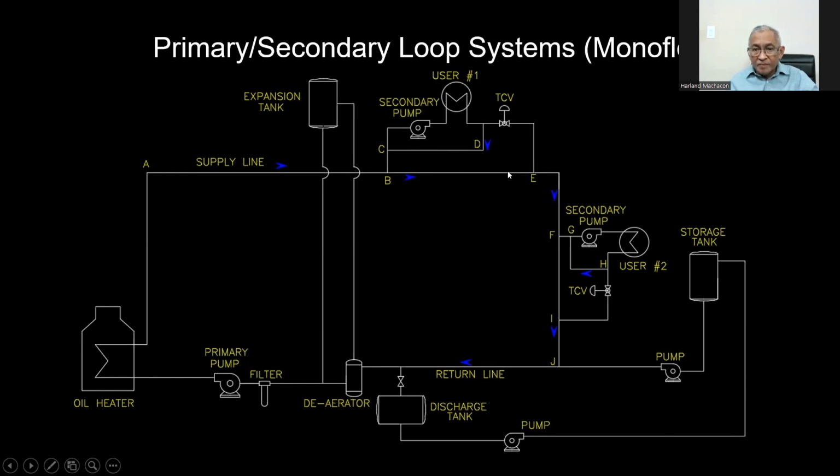So we have the common pipe here, BE, common pipe FI. So if the secondary pump is not running, what happens is oil just goes through here, circulated back to the return line.